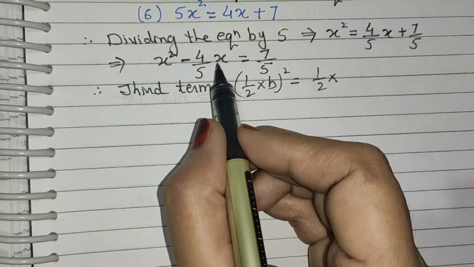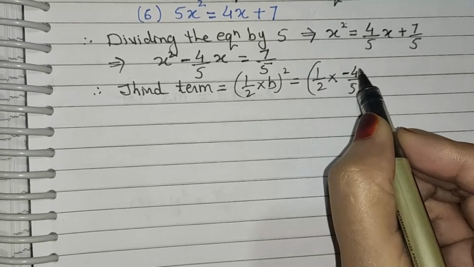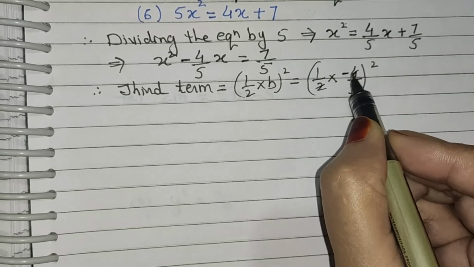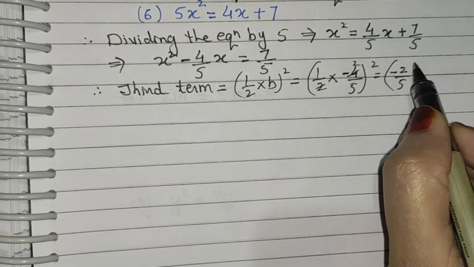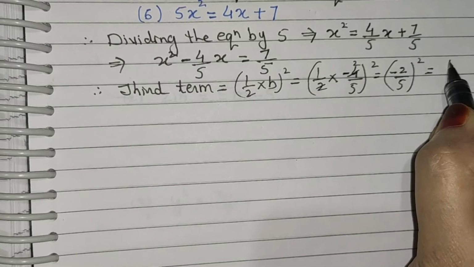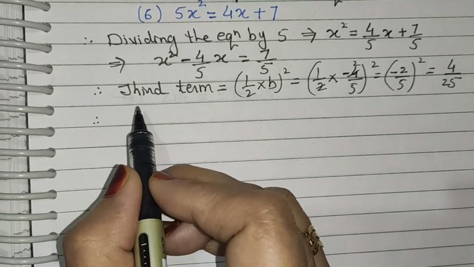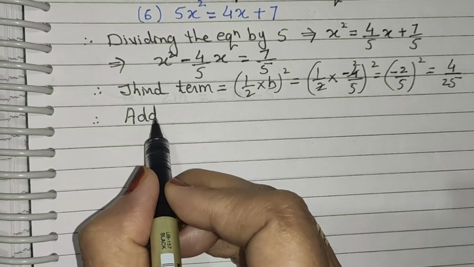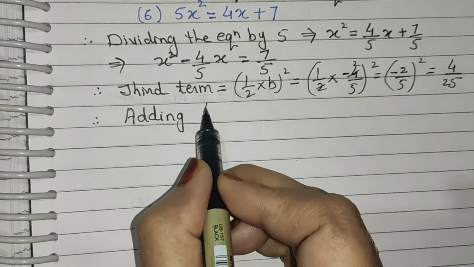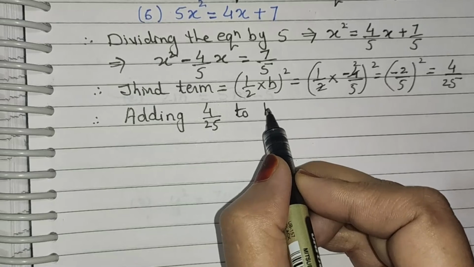Now here coefficient of x is minus 4 upon 5. 2 ones are 2, 2 twos are 4, therefore we get here minus 2 upon 5 whole square, which is equal to 4 upon 25. Therefore next step is adding 4 upon 25 to both sides of equation.